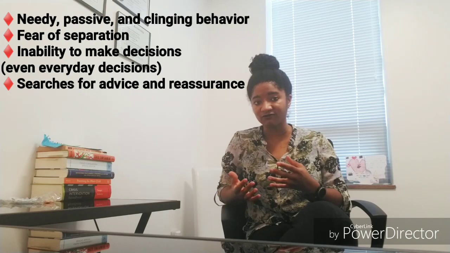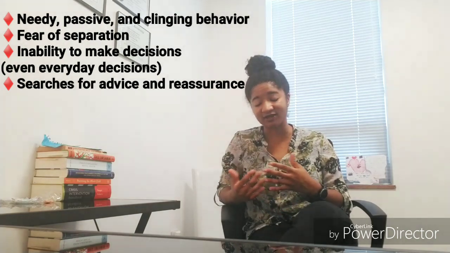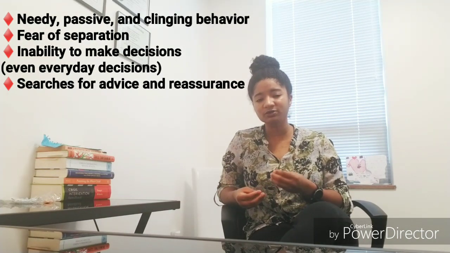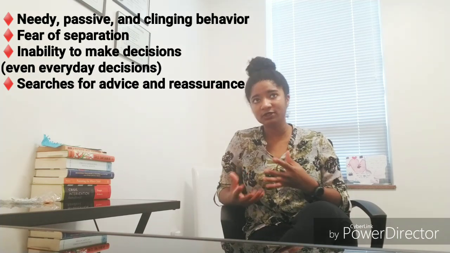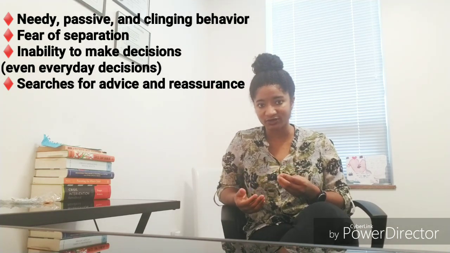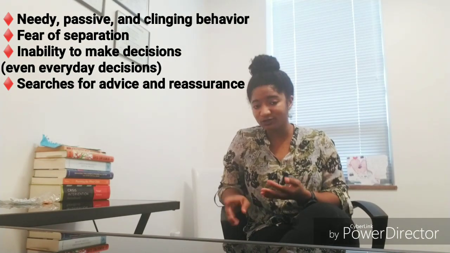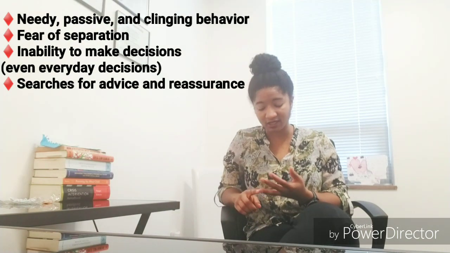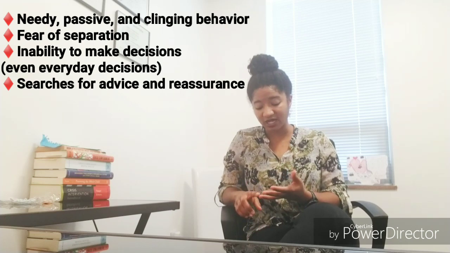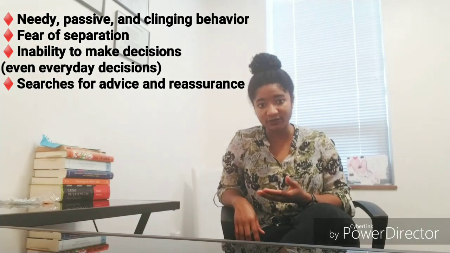Dependent personality disorder is basically this. You have an individual who probably grew up in a very emotionally detached and unavailable household. You probably will run into a person with dependent personality disorder who has engaged in a lot of substance abuse, who has engaged in a lot of risky behaviors such as cutting or suicide attempts or suicide threats.